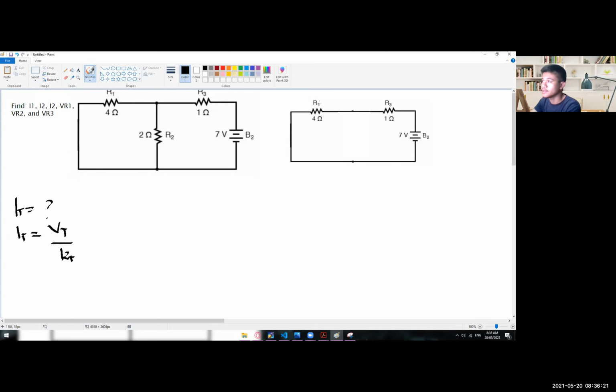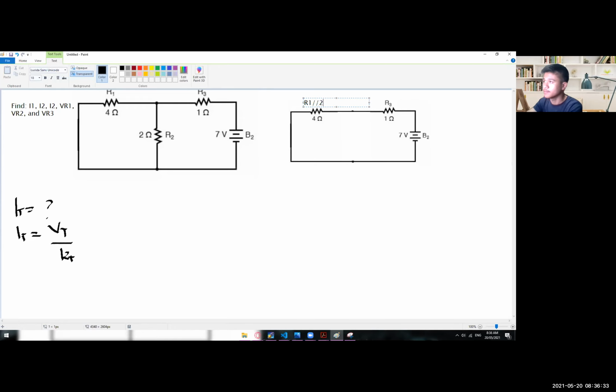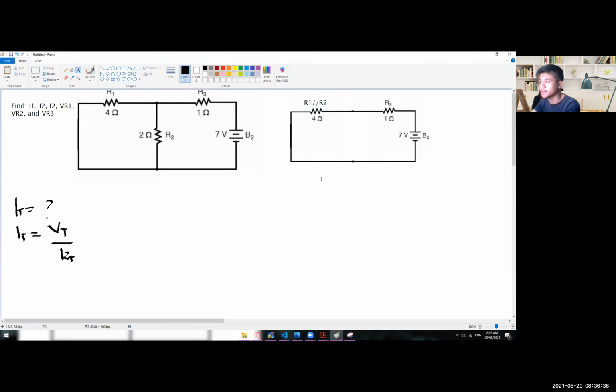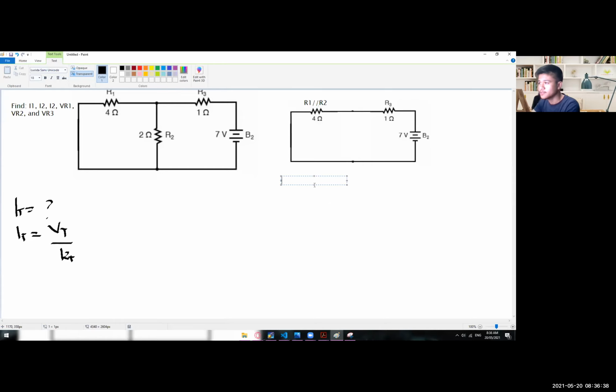And in here, this is not R1 anymore, but this one now is R1 parallel to R2. Okay, let me try to use this extractor instead of using Paint.